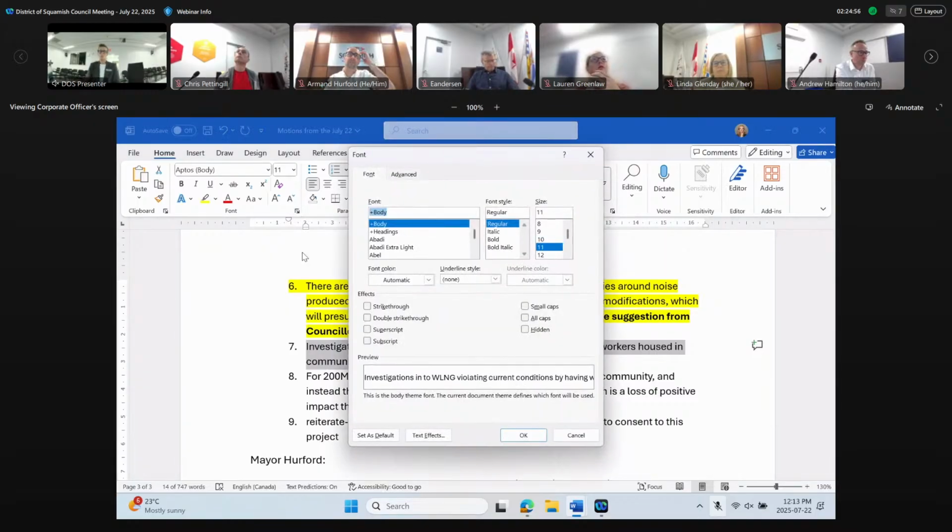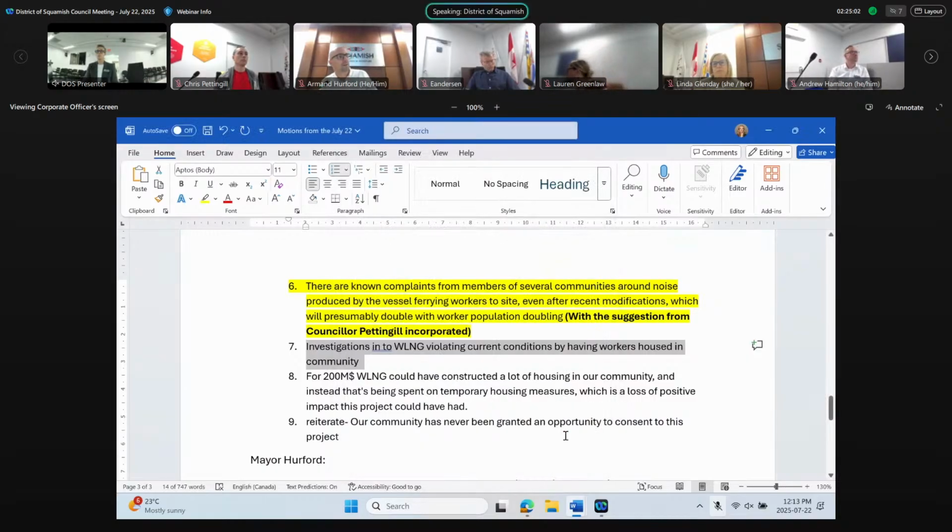And I think the next piece, let's make sure that the current conditions are being met is something that's articulated elsewhere that captures this. So we can just strike that one.